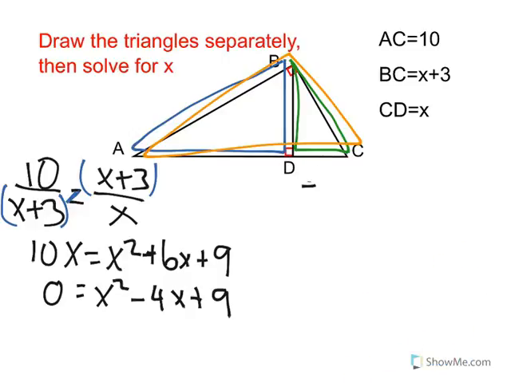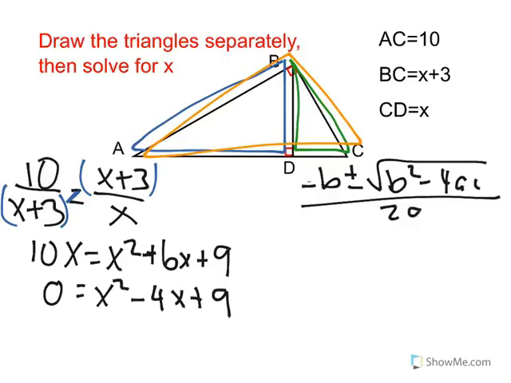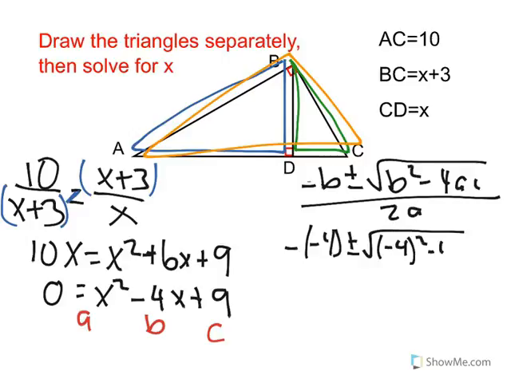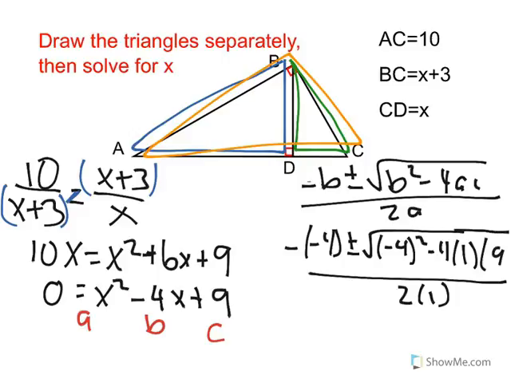And our quadratic formula is negative b plus or minus the square root of b squared minus 4ac all over 2a. This is A, this is B, this is C. So negative of negative 4 plus or minus the square root of negative 4 squared minus 4 times 1 times 9, all over 2 times 1.